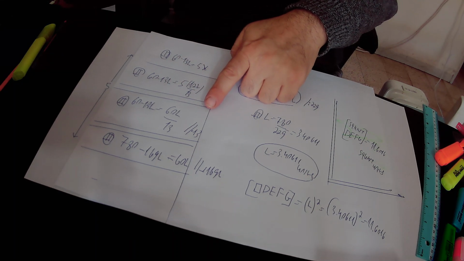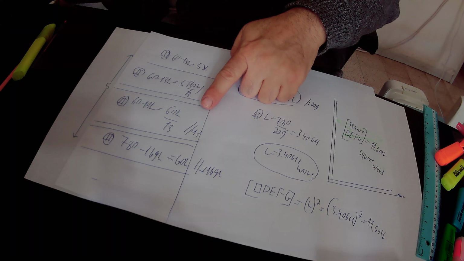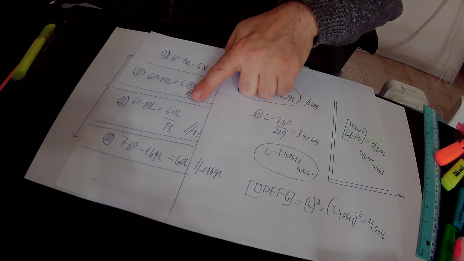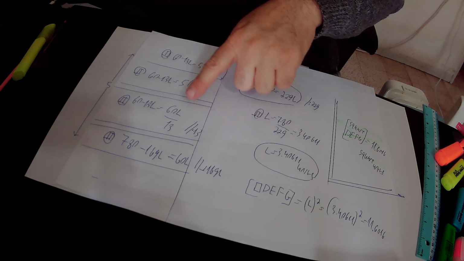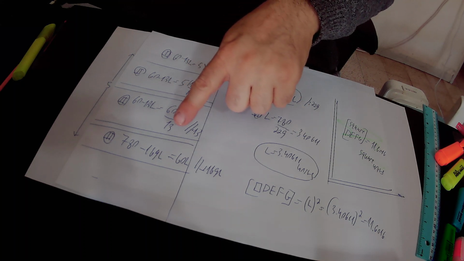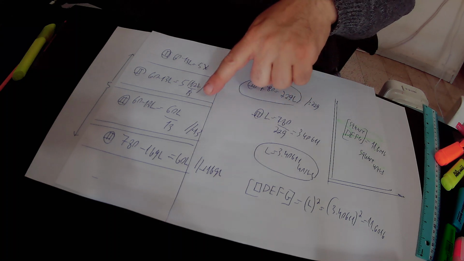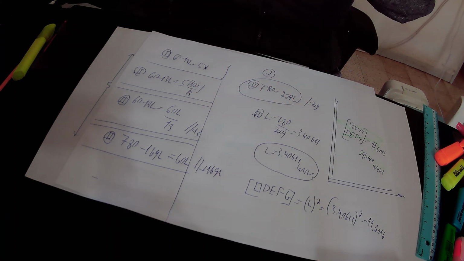Here we multiply this equation by 13, and find that 13 times 60 is 780, and 13 times minus 13L is minus 169L, and it is equal to 60L.